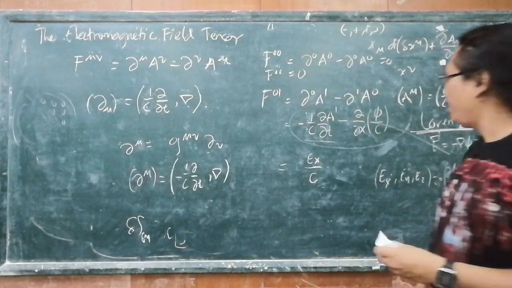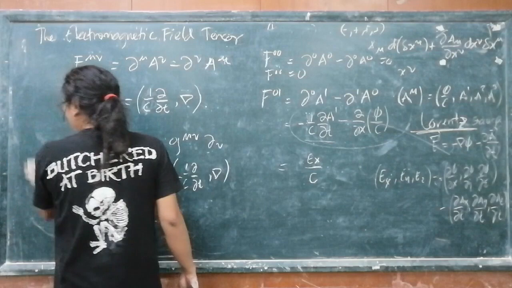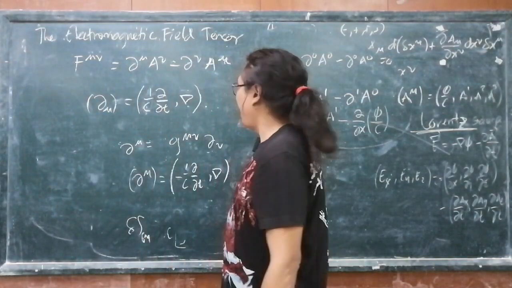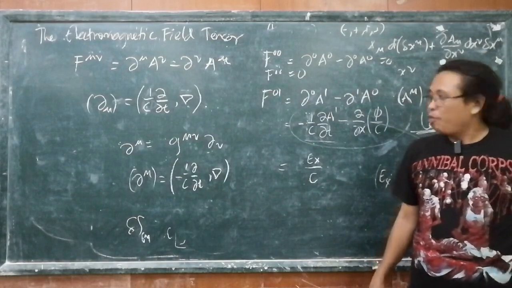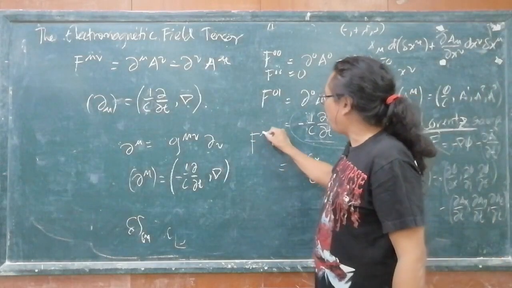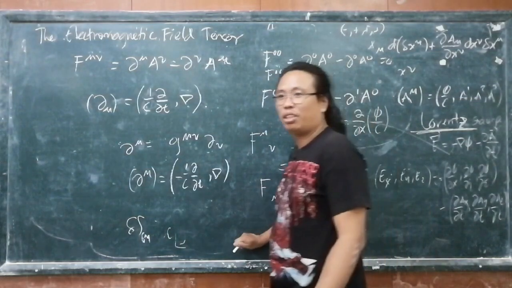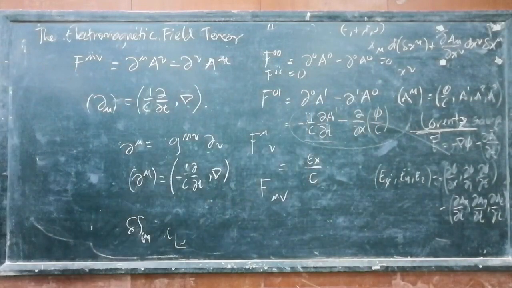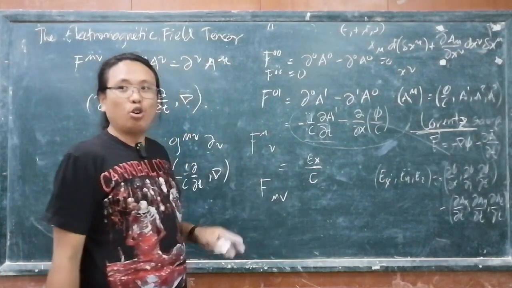Again, it takes quite a while, but you have to do that. In the exam, I will ask you one question: either what is F mu nu or F mu nu. Derive it.